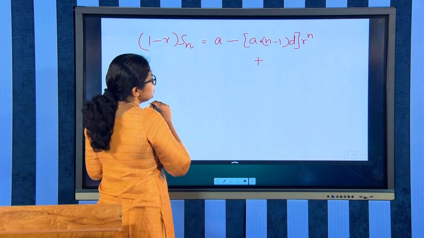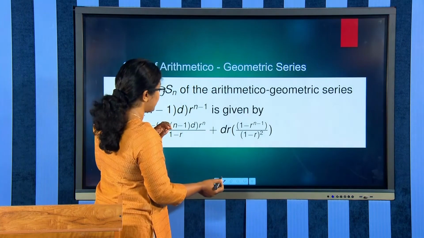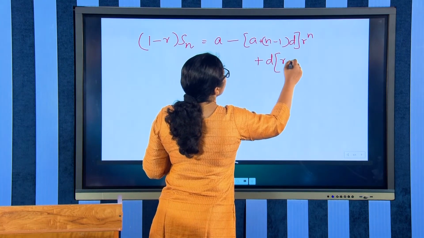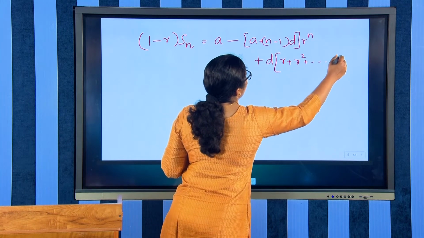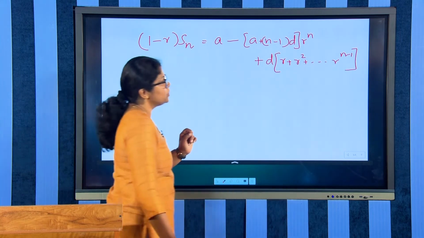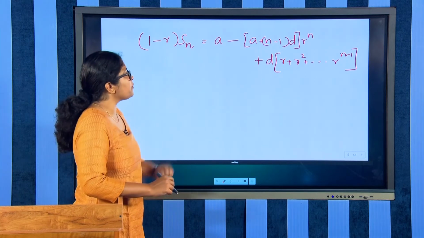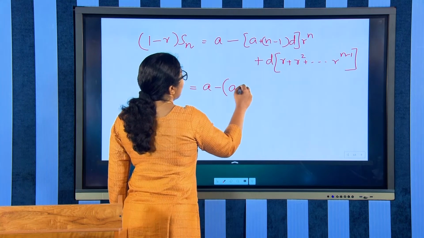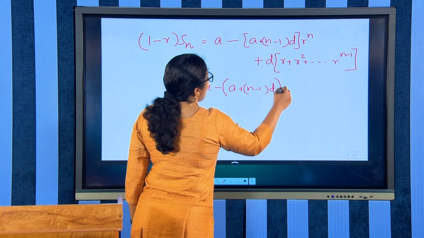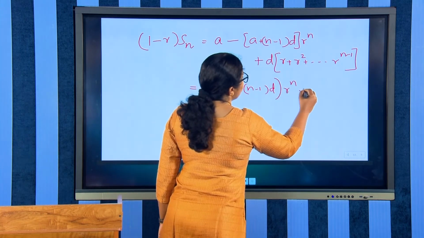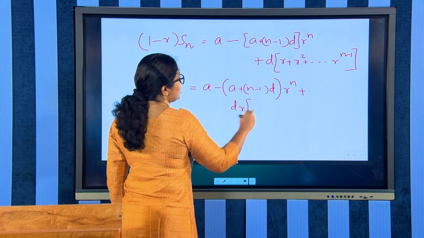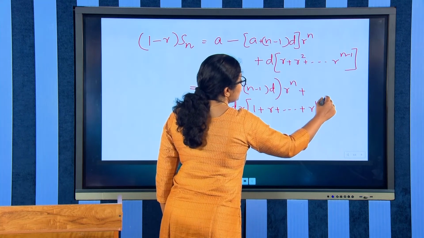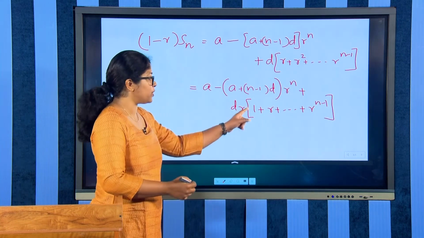plus we will be having D into (R plus R square plus etc. up to n minus 1 terms). So this is the expression which is obtained after simplification. So this is equal to A minus (A plus (n minus 1) D) R power n plus DR we can take out, so that the rest becomes a geometric series with common ratio R and first term 1.